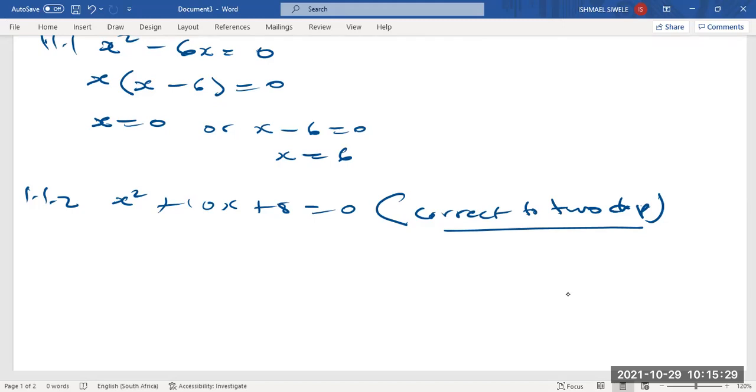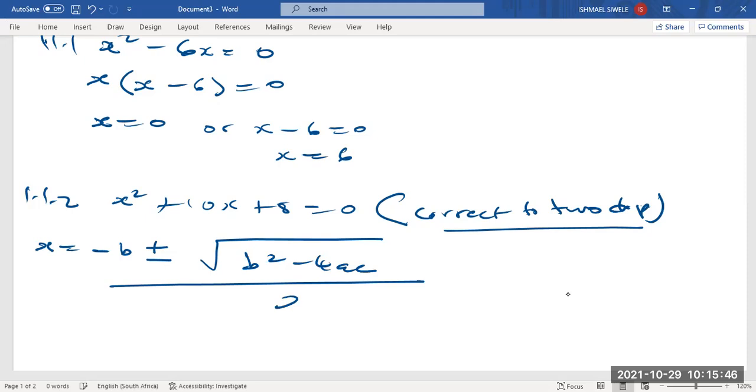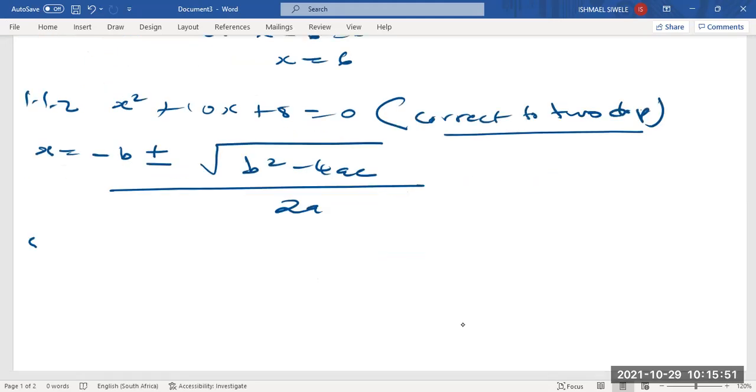It's just a matter of us using the quadratic formula, right? So what do we know? We know that the quadratic formula says x is equal to negative b plus minus the square root of b squared minus 4ac, all divided by 2a. This is what we know. So with us having this, what are you going to say? x is equal to negative, what is the value of b?